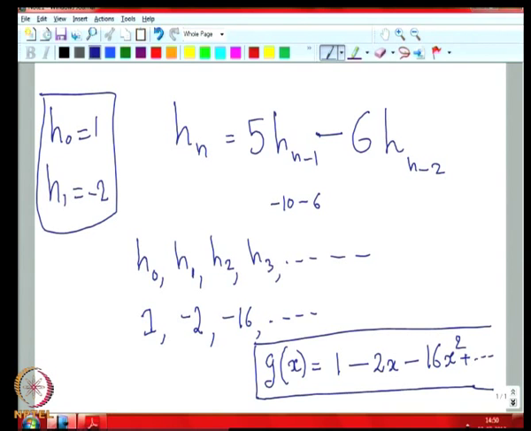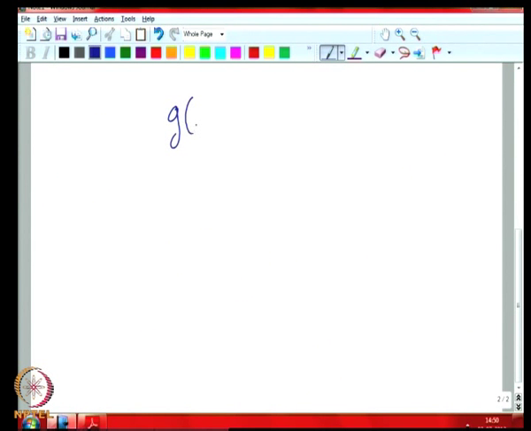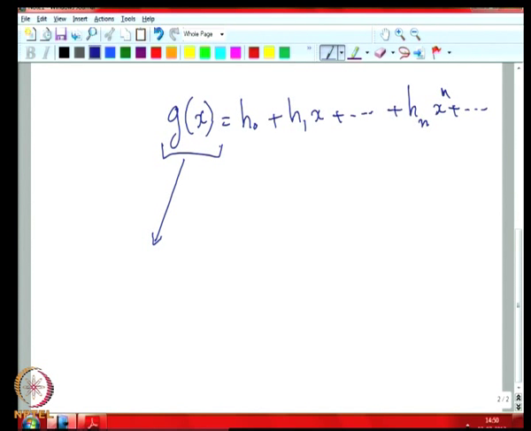That will be the value of Hn, because the generating function g of x is actually H0 plus H1 x plus and so on, Hn x raised to n plus so on. So you first find a closed form for g of x somehow, and then infer what the coefficient of x raised to n would be. That should be the value of Hn. This was our method.